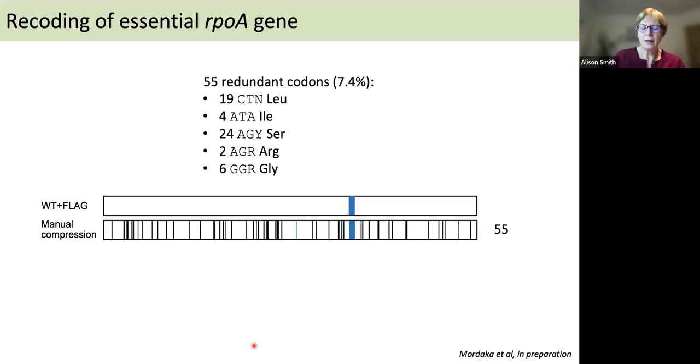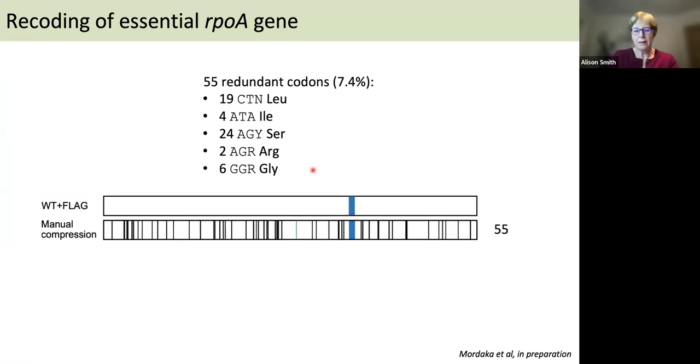Using the strategy that I've just shown you, there were 55 codons out of the total that could be altered, shown here, so 19 leucine and so on, which is about 7.5% of the codons within the gene.